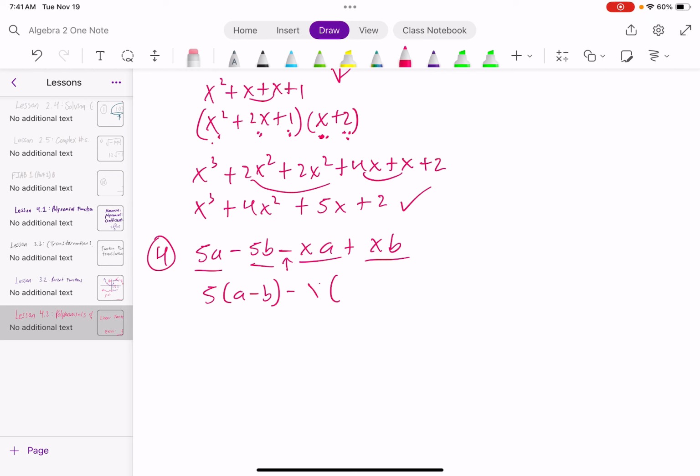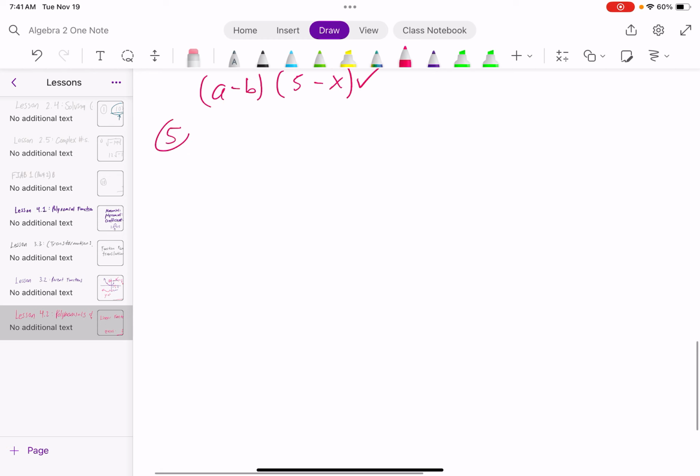So I'm going to take out a negative x just because I want my first term to be positive. So negative xa over negative x is a. xb over negative x is negative b. And look at that, they're matching right here. So I could take out an a minus b and be left with 5 minus x. And that's your answer.